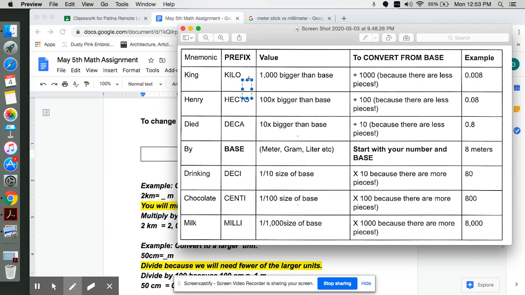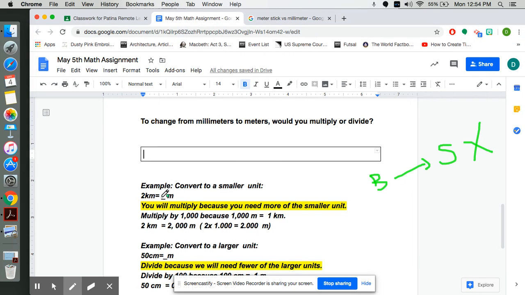How many times I have to go down this chart is how many times bigger it's going to get. So I go 1, 2, 3, and each of these is a factor of 10. So 10 times 3 would be 1,000. So in order to get kilometers to meters, I have to multiply by 1,000. So I'm going to do 2 times 1,000 to get 2,000 meters.